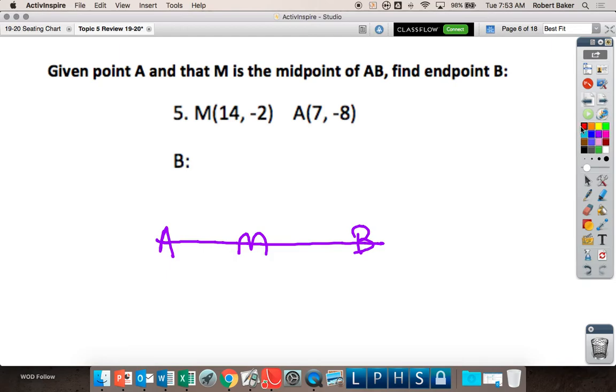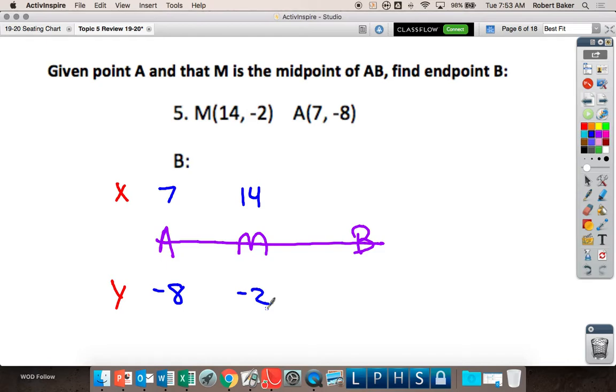Alright? I put all my X's up here, and I put all my Y's down here. So I'm going to list the coordinate location for my X's. The A is at the location 7, -8. And M is at the location 14, -2.